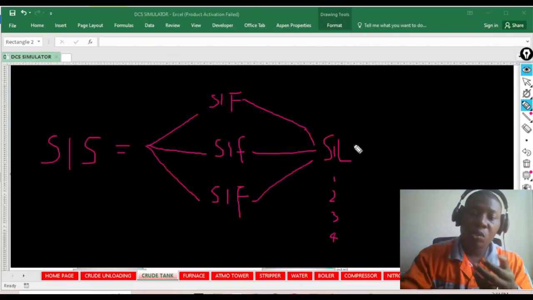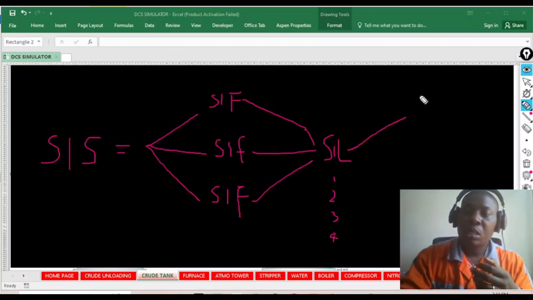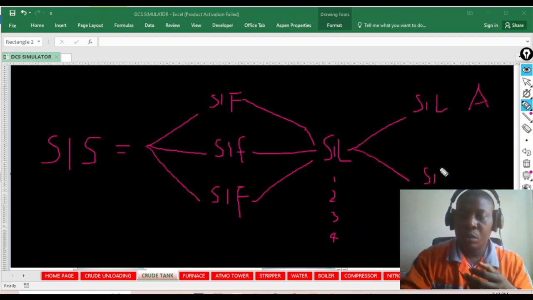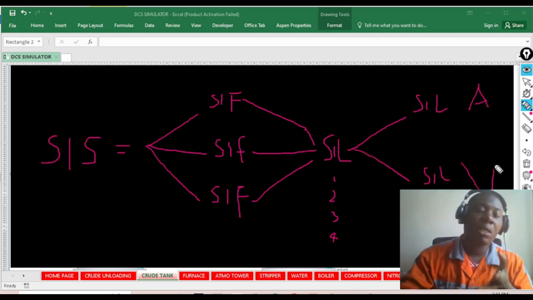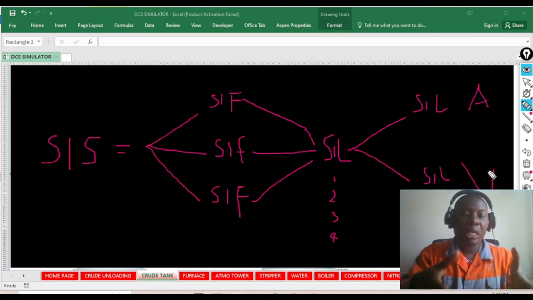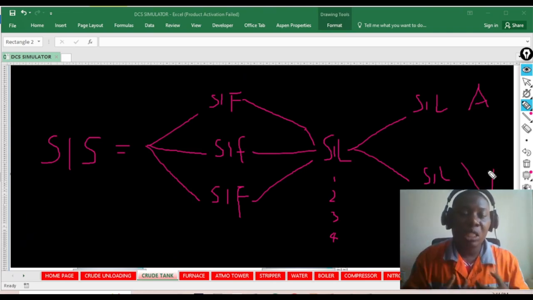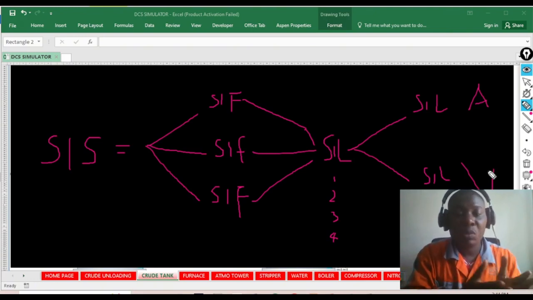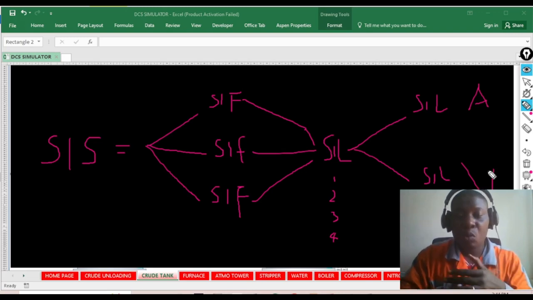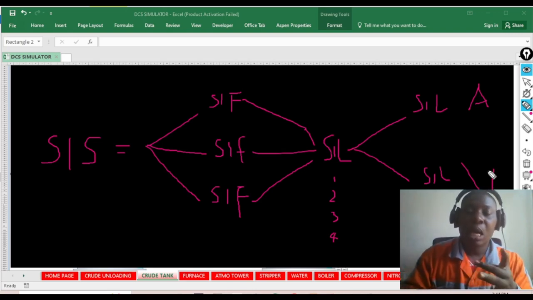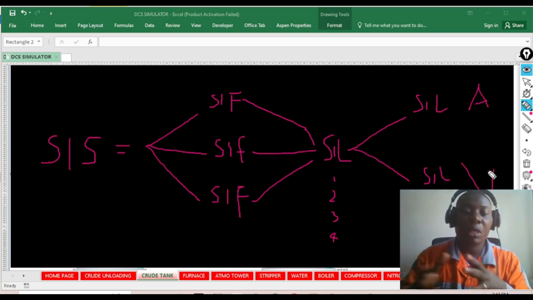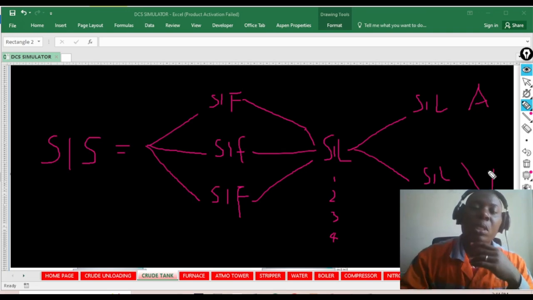This will also lead us to what we call SIL assessment and SIL verification. SIL verification is you trying to check if the SIL is actually doing the work, or if it's actually up to the level that it claimed to be. You can do that by knowing the achieved SIL, and also by checking the architecture of the SIL.